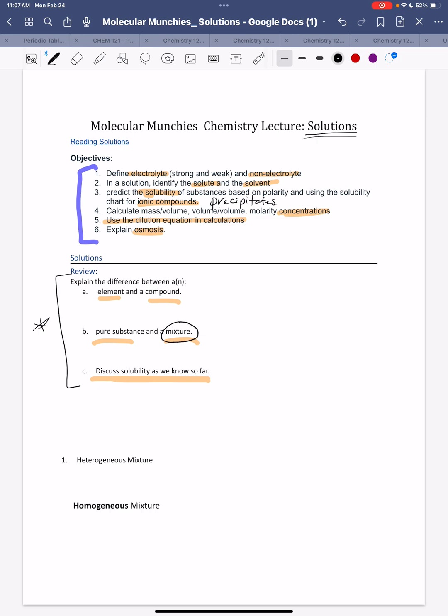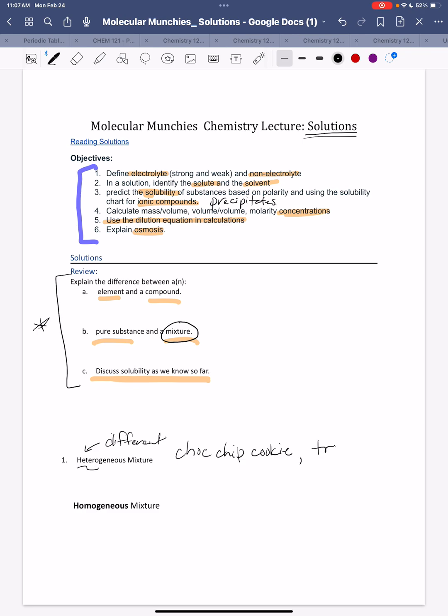we want to clarify mixtures can be classified as heterogeneous, and that word means different. When you see a heterogeneous mixture, you might see a chocolate chip cookie, where in that cookie you actually can see the chocolate chips, and maybe if you put nuts in your cookie, you can see the nuts.